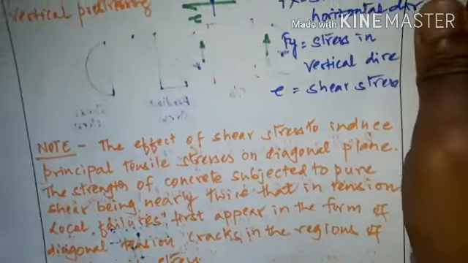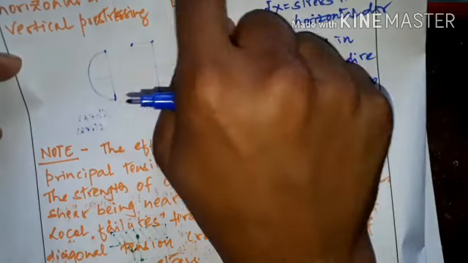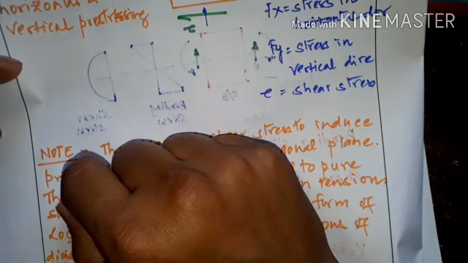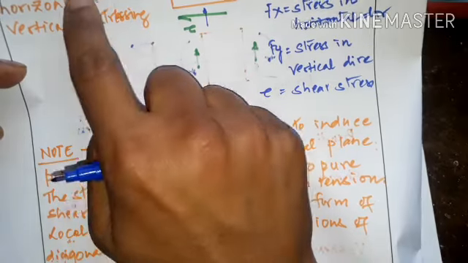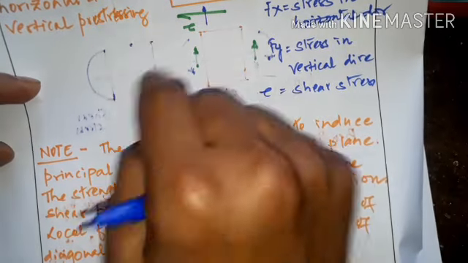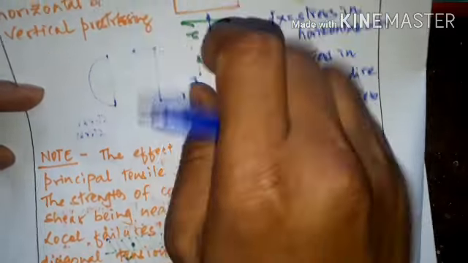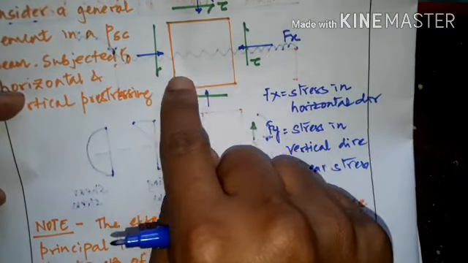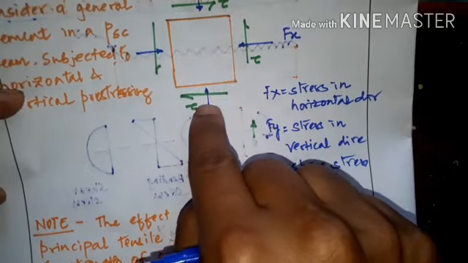When an element is subjected to bending or to horizontal and vertical prestressing, it will offer forces in terms of Fx, Fy and shear stress tau v.